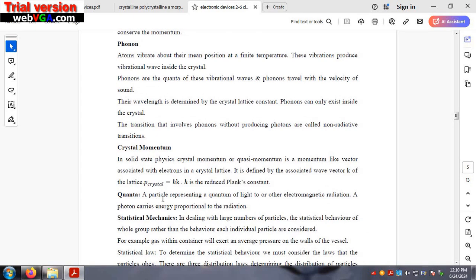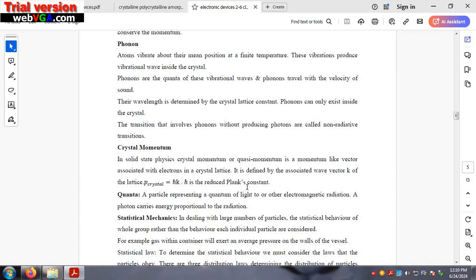If you consider the crystal momentum, in solid state physics, crystal momentum or quasi momentum is a momentum-like vector associated with electrons in a crystal lattice. It is defined by the vector k of the lattice, and p crystal is reduced Planck constant into k.